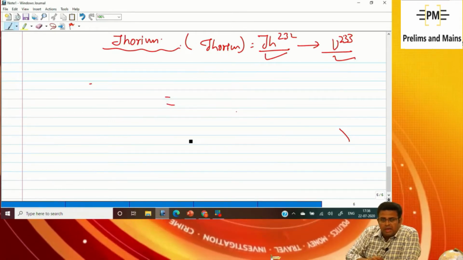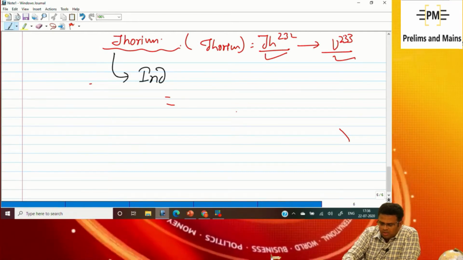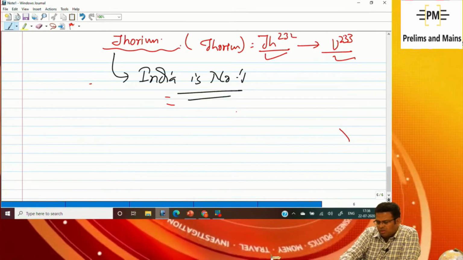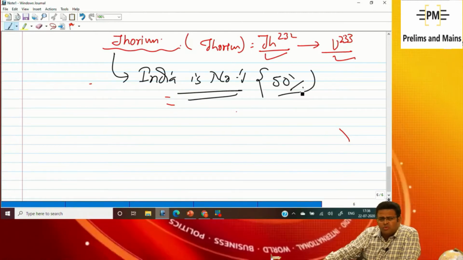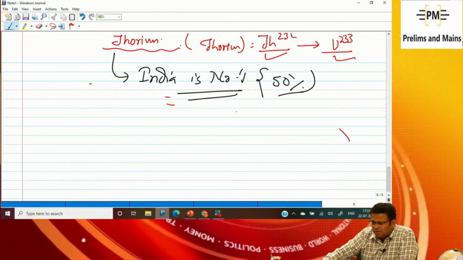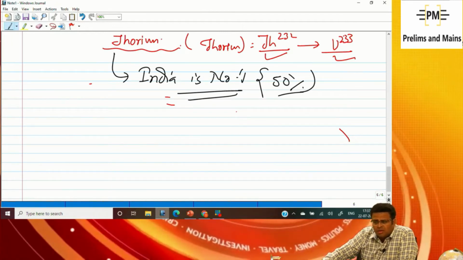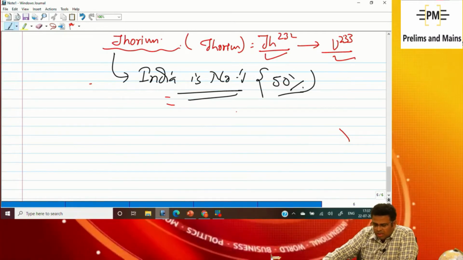And if I talk about thorium in the world, India is number 1 in thorium reserves, around 50% of the world. That figure changes according to the United States Geological Survey and some other surveys determining how much each country has. India is number 1.